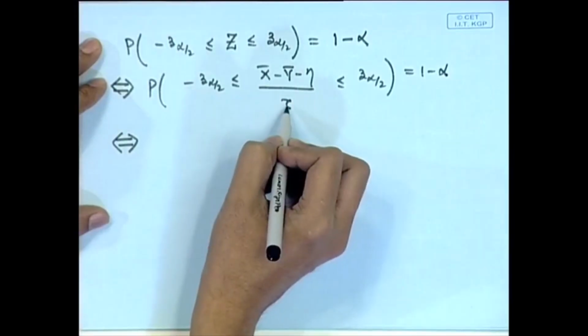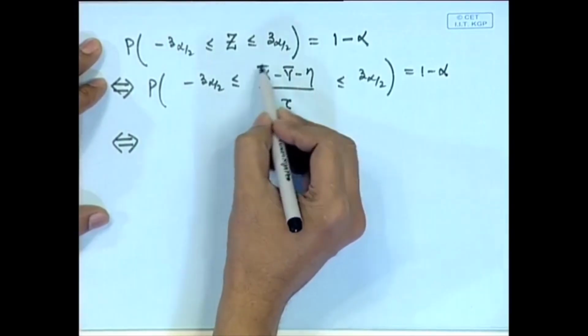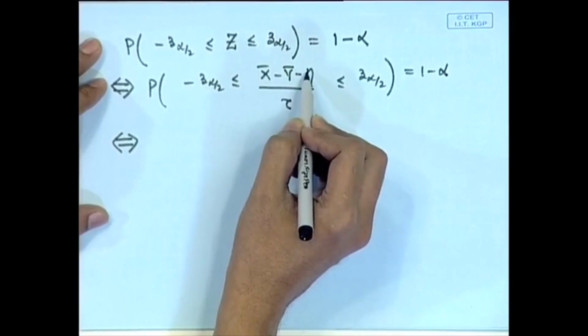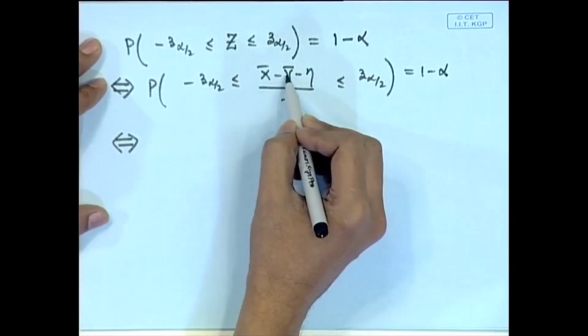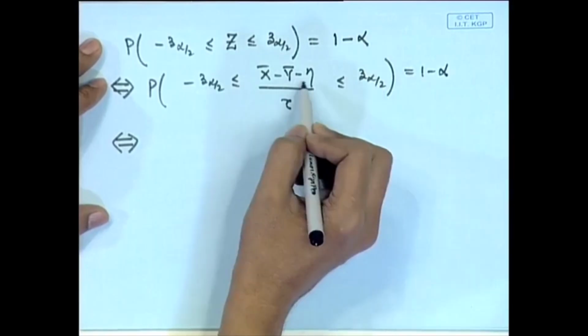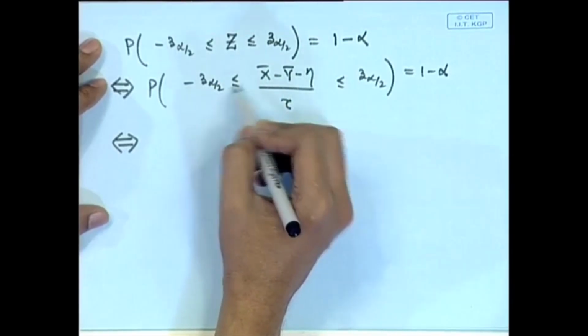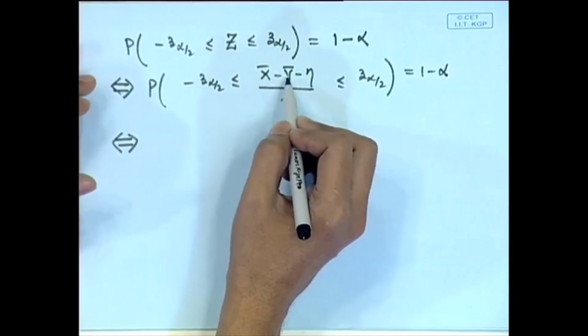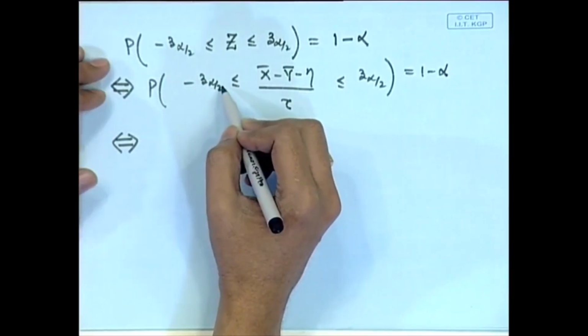So, if we multiply by tau and then utilize this condition that eta is greater than or equal to x bar minus y bar minus tau z alpha by 2, and eta is also less than or equal to x bar minus y bar plus tau times z alpha by 2.